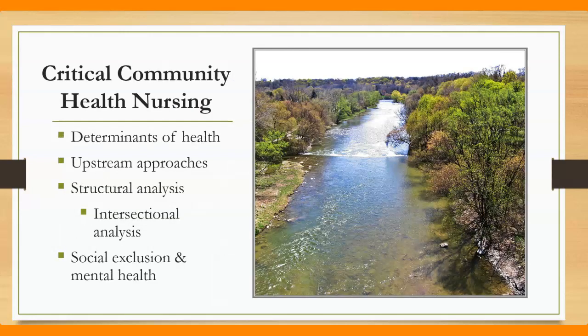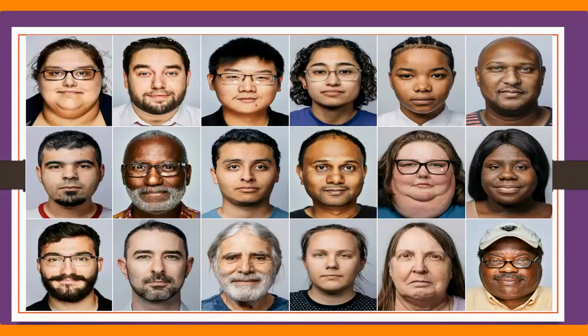Okay, so let's look at critical community health nursing. We've got the determinants of health, upstream approaches, structural analysis, intersectional analysis, and social exclusion and mental health. I included this stream here again to remind you of what we talked about, the upstream approaches.